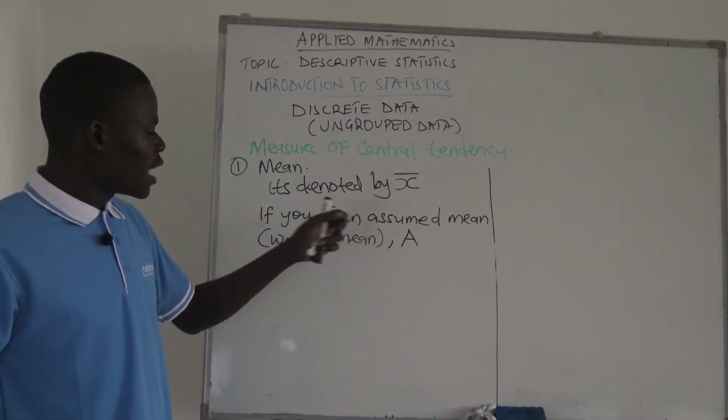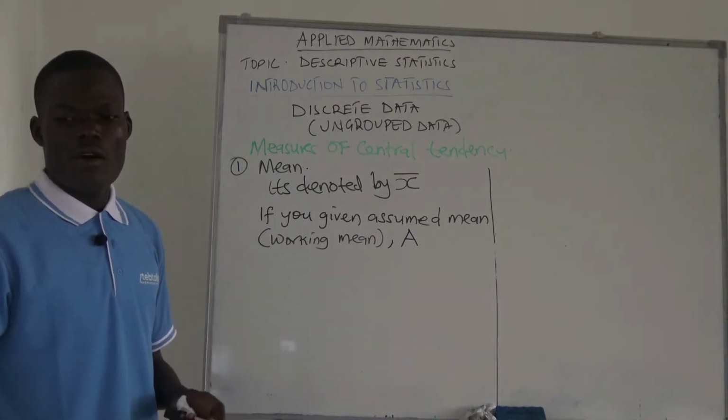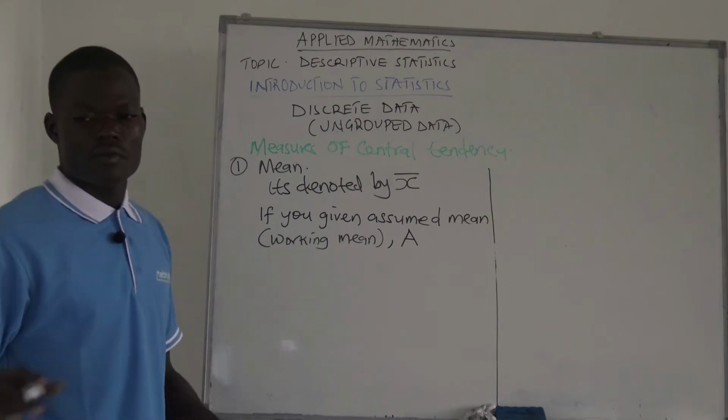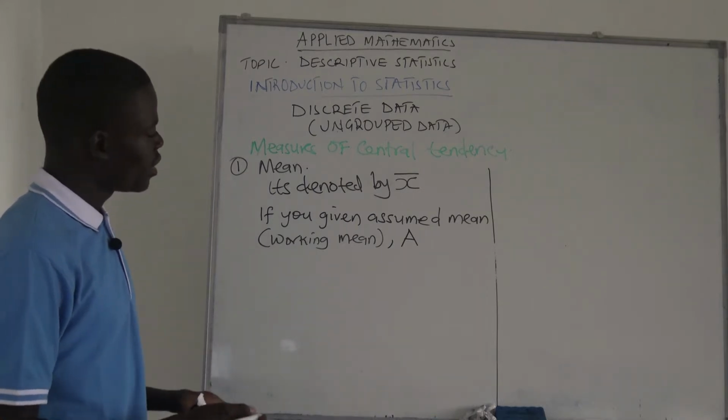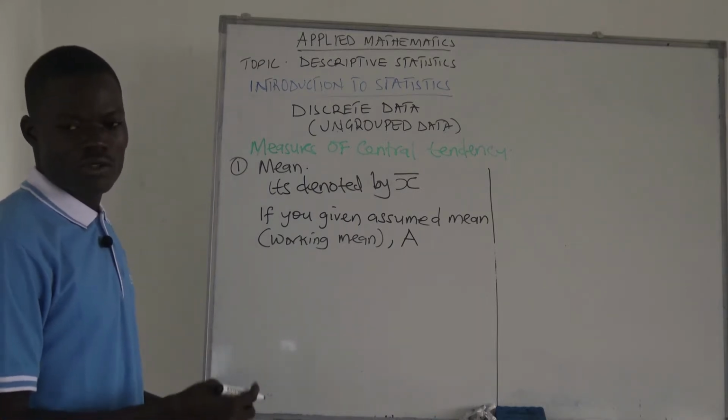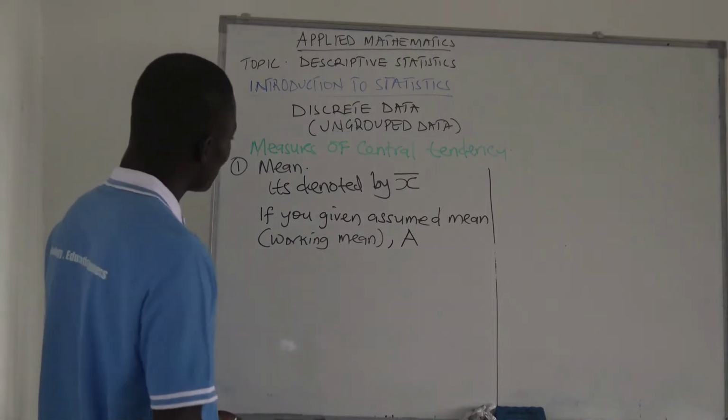So if you are given assumed mean or working mean, how do we get the mean?